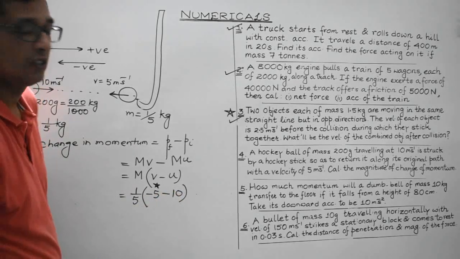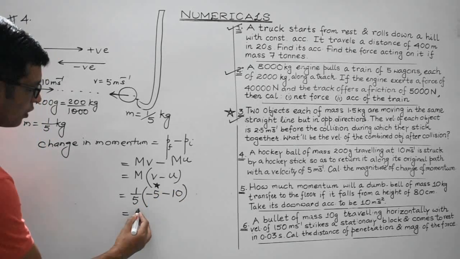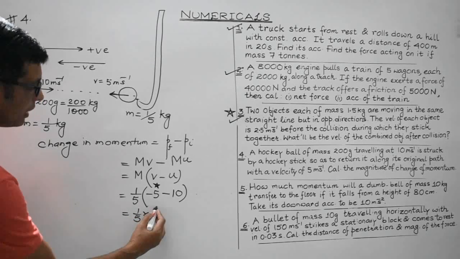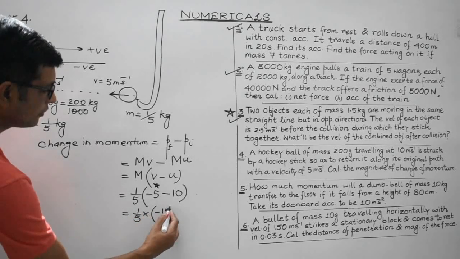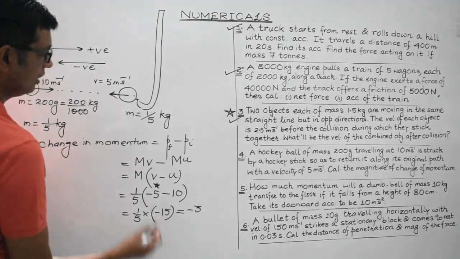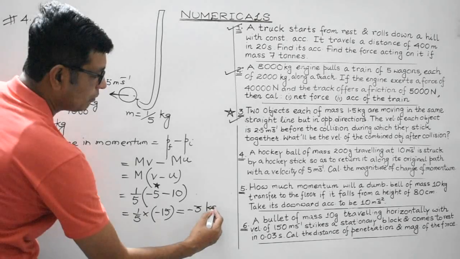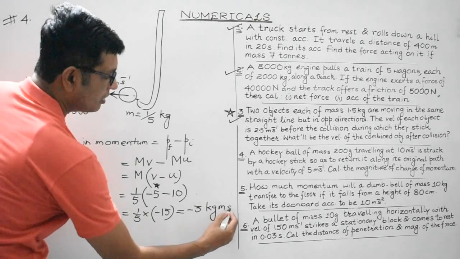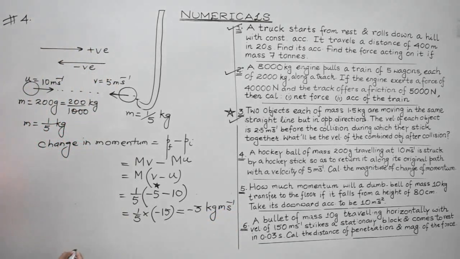Right, students? So what you get is 1 by 5 multiplied by minus 15. So it is minus 3. And unit would be momentum, mass into velocity, kg meter per second. So in magnitude, change in momentum can be represented like this: Del P represents change in momentum, final momentum minus initial momentum.